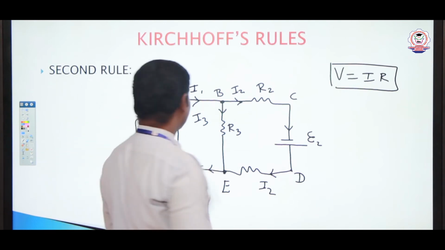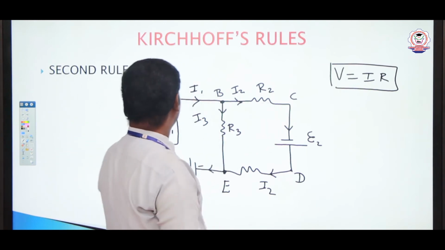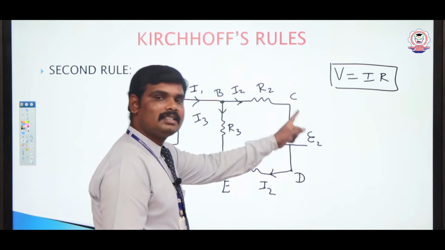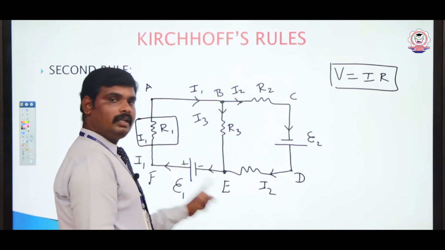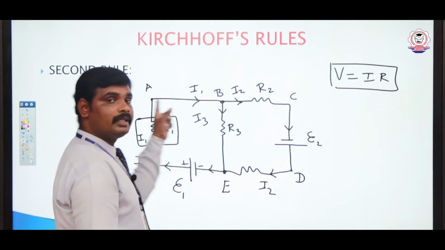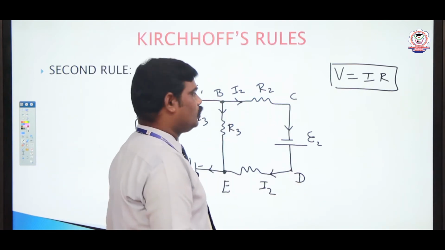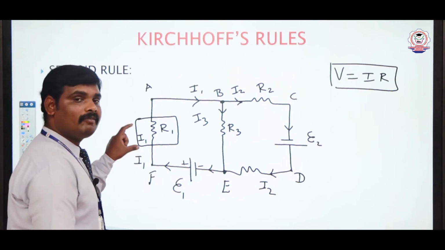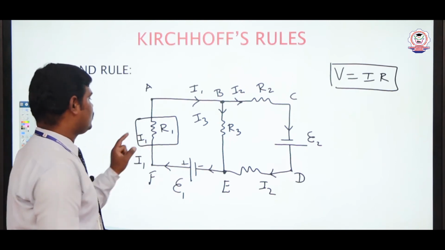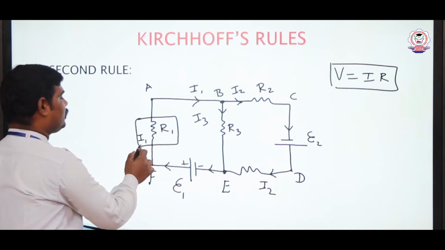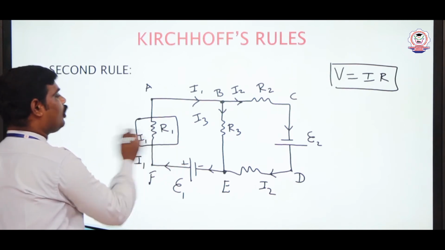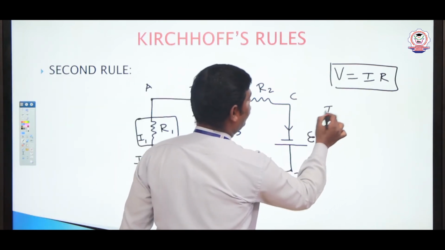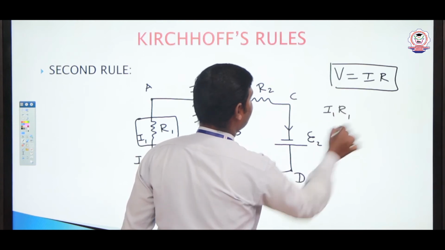First, I take this closed circuit A, B, C, D, E, F, again A. This is the closed circuit. Our statement is that the algebraic sum of the product of current and resistance for each part. For this part, I1 into R1 is present.